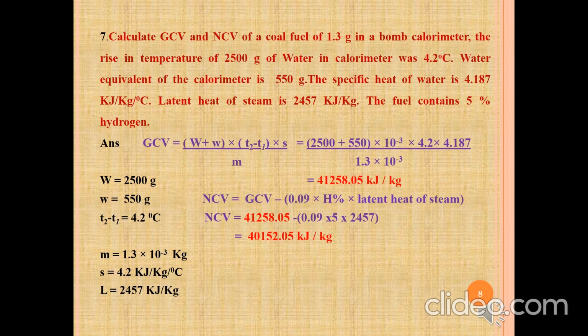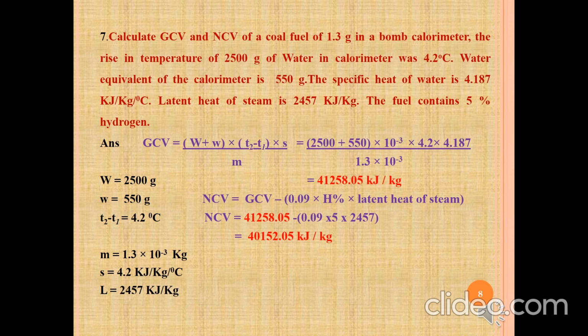So first of all, you have to write the given terms. Capital W is given by 2500 gram. Small w is given by 550 gram. So one thing I will make it clear, whenever the term is given in gram, we have to convert into kg. That is, we have to multiply by 10 to the power minus 3. T2 minus T1 is nothing but 4.2 degrees Celsius, that is nothing but rise in temperature.